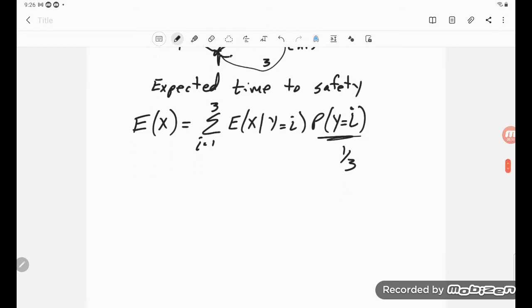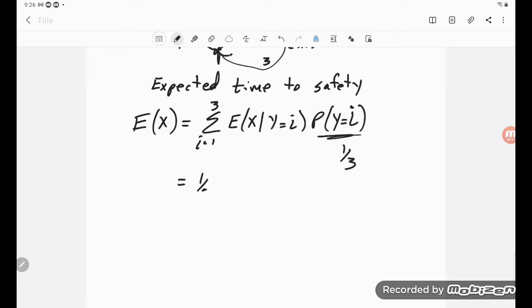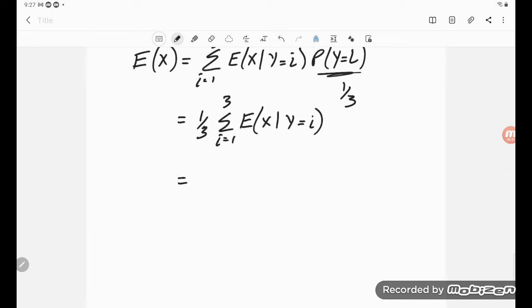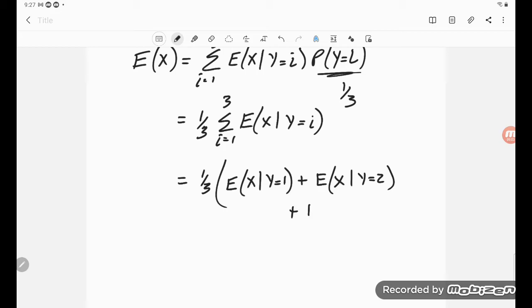So this is 1/3 times the expected value of x given y equals 1, plus the expected value of x given y equals 2, plus the expected value of x given y equals 3.